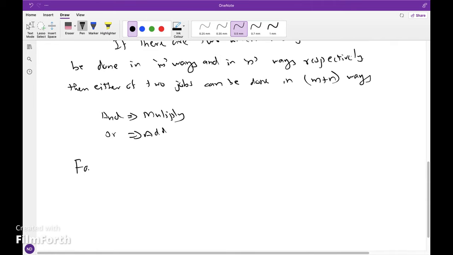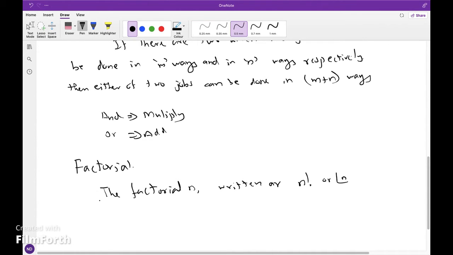Next one is factorial. The factorial of n, written as n factorial or n!, represents the product of all integers from 1 to n, both inclusive.